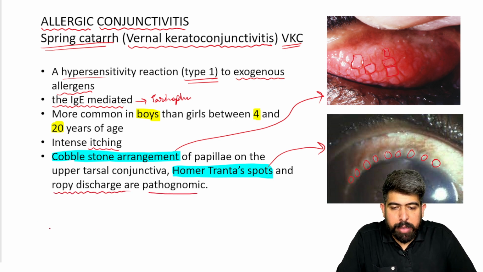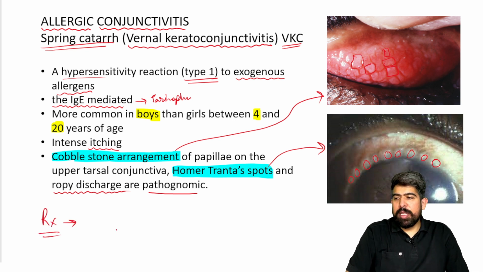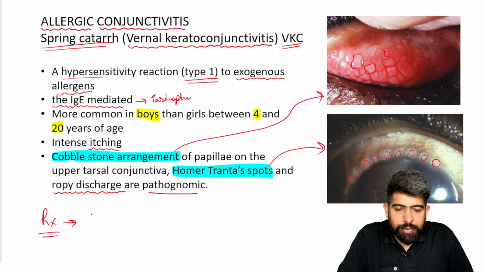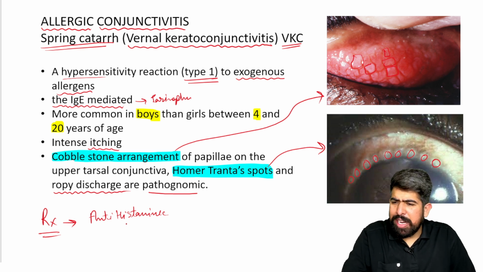If I'm talking about the treatment part, what will be the treatment? As it is an allergic condition, we have to give topical antihistaminic, guys.